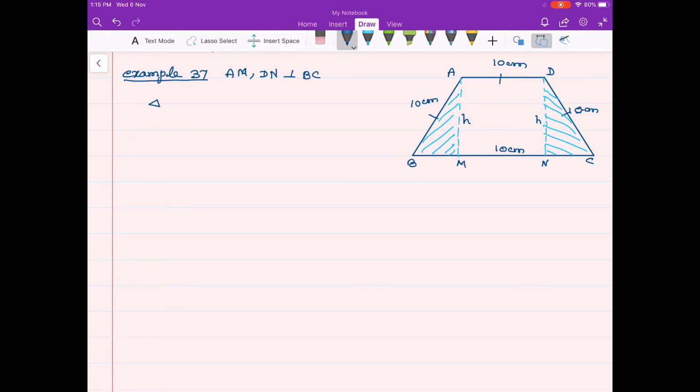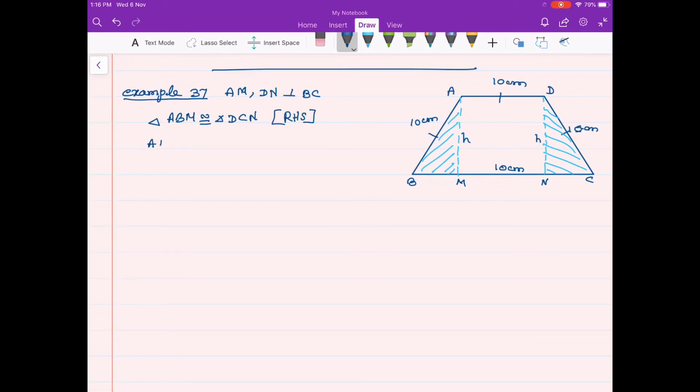Triangle ABM is congruent to triangle DCN, RHS congruency. AM is equal to DN equal to H, and let us take BM equal to NC equal to X. This is by CPCT.